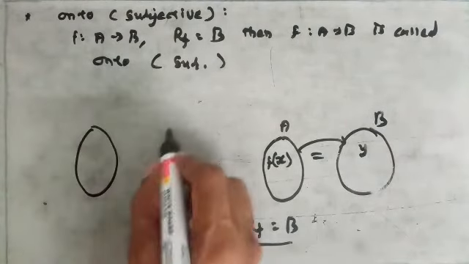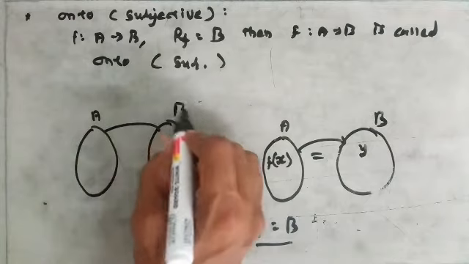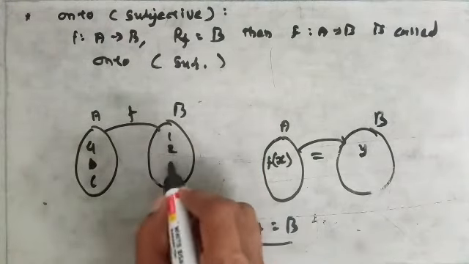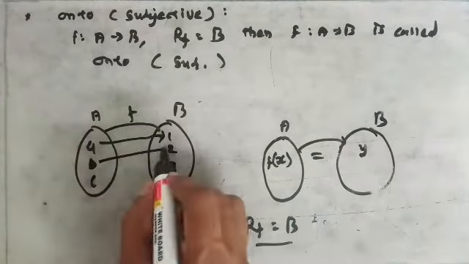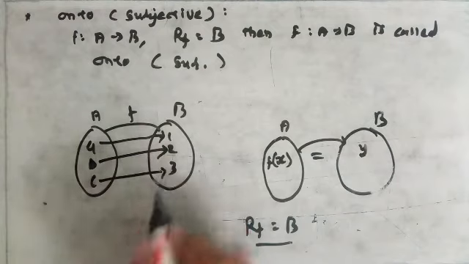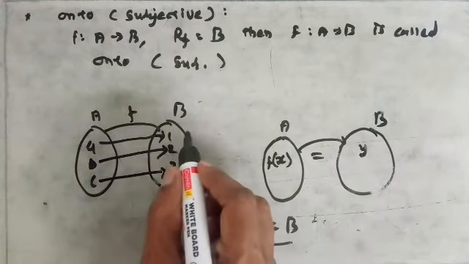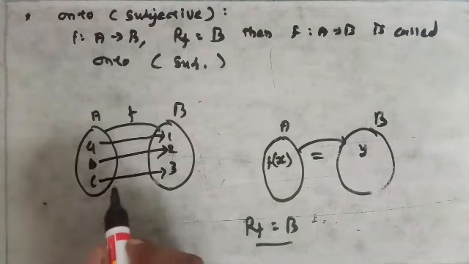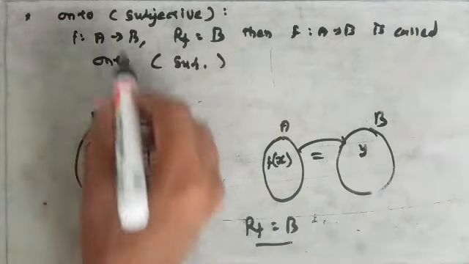Now from Venn diagram, remember this, given function from A to B is onto or not. a is associated with 1, b with 2 and c with 3. Here every element of second set B is image of an element of A under f.